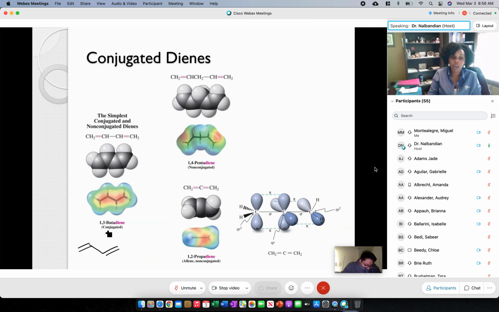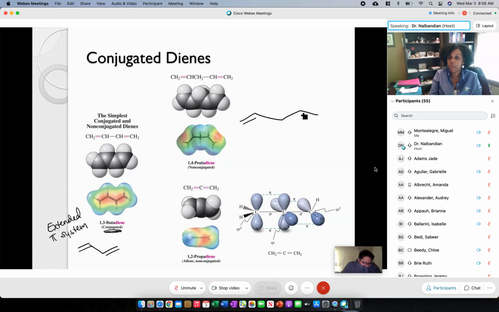So here we have 1,3-butadiene, which is conjugated. It is a stable system because it is conjugated. It has this resonance stabilization, an extended pi system. Then we have here 1,4-pentadiene.